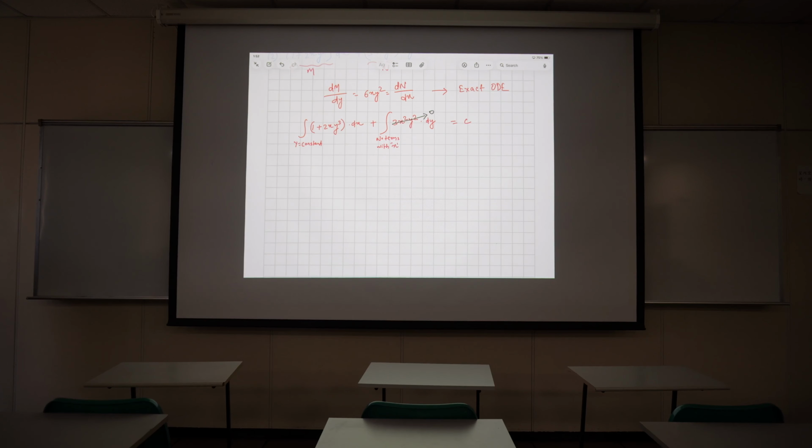If we integrate that one, how much will we get? We'll get x plus how much? X square y cube is equal to c. Yeah, so simple.